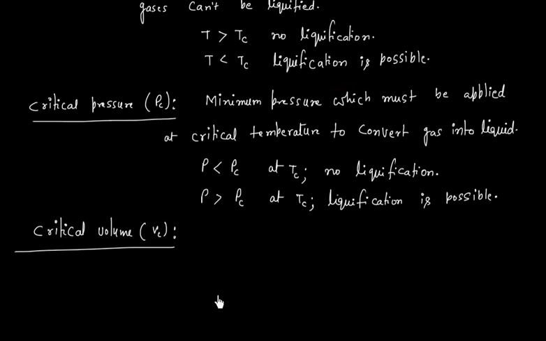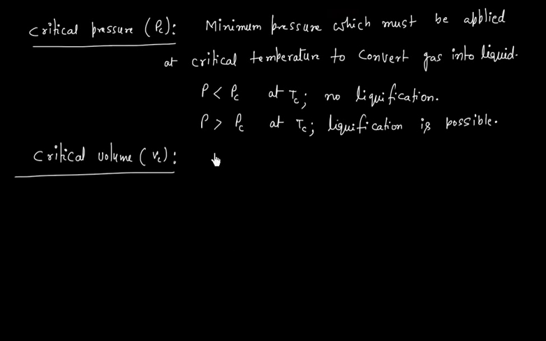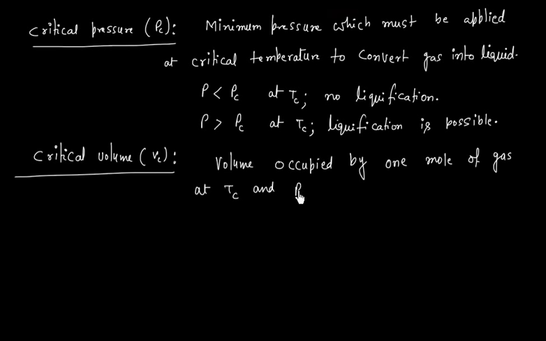This is the volume occupied by 1 mole of gas, generally defined for 1 mole, at critical temperature and critical pressure. So we have three critical constants, Pc, Vc and Tc. We can calculate the values of these three critical constants using Vander Waal equation.